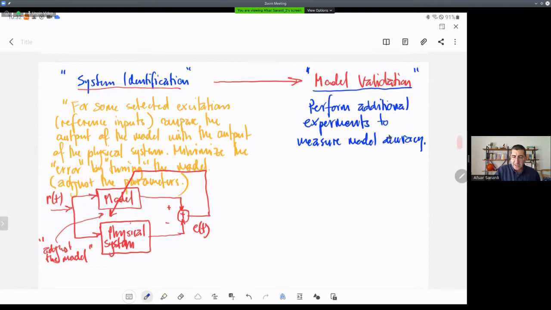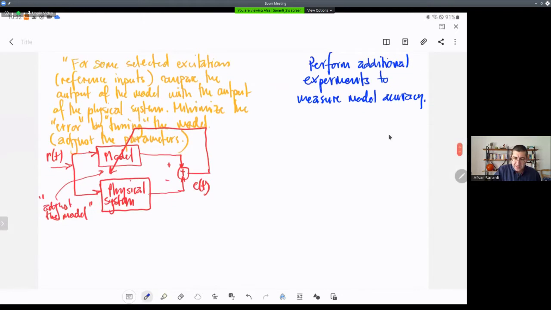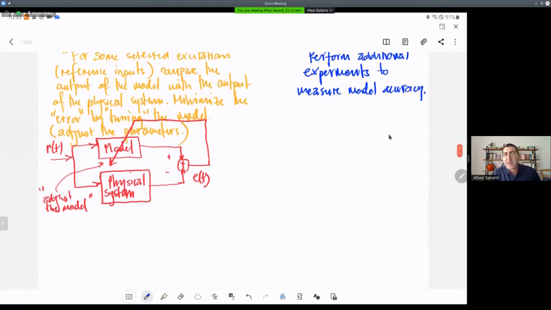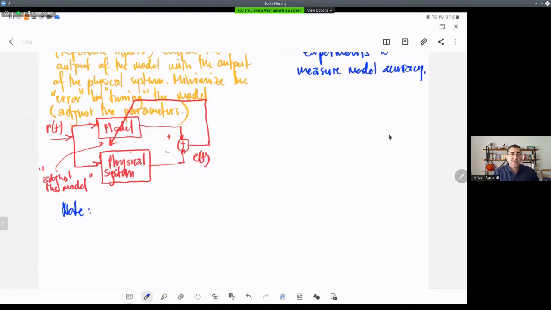Now I want to make a note here about mathematical models, and we have already kind of discussed this to some extent. Even if you have a unique physical system, remember that a physical system may also change with time, and it may change with environmental factors and so on.